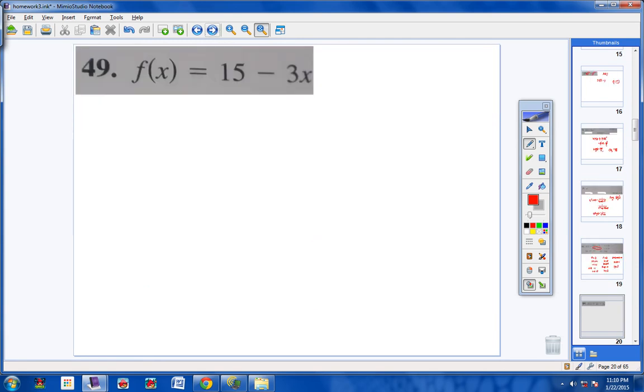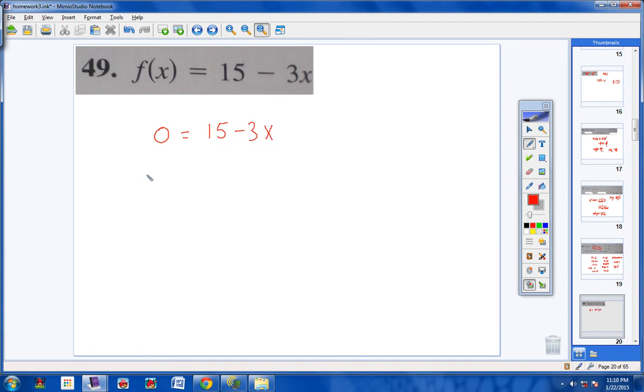Numbers 49 through 55. The directions say to find the real values of x such that f of x equals 0. So in other words, you want f of x to equal 0. So where f of x is, we're going to put 0, and then we're going to find the x values that make this true. Okay? Well, this is easy.